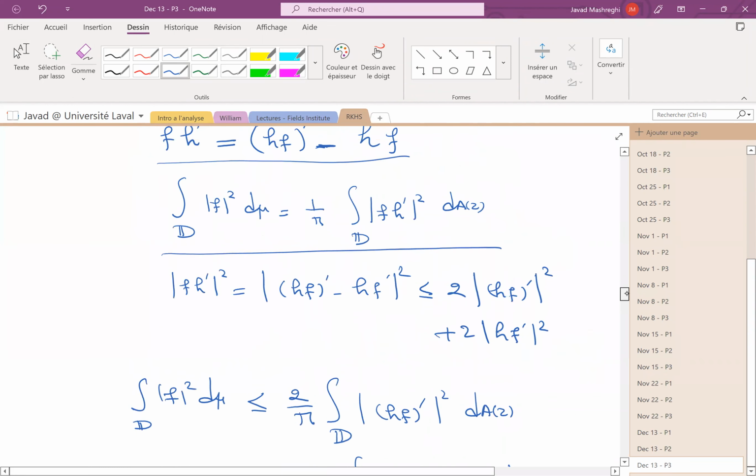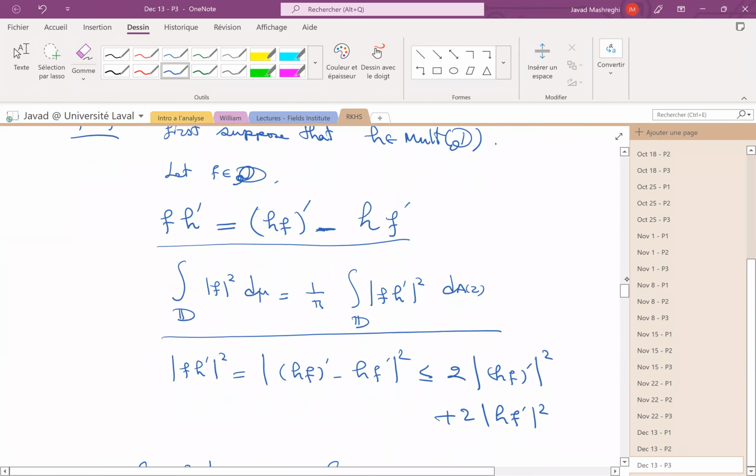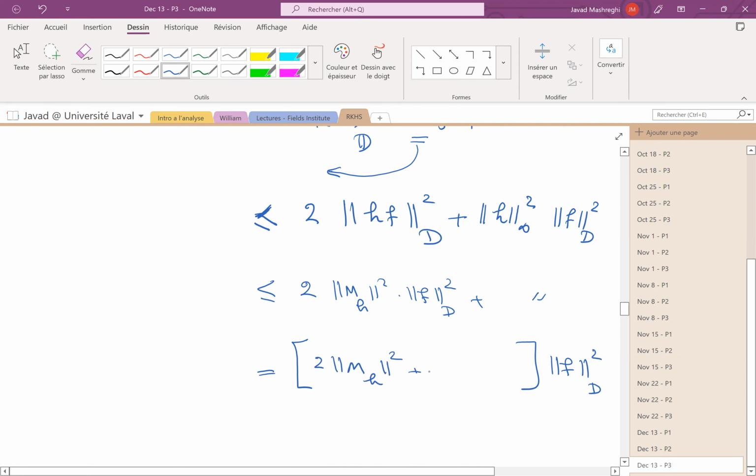And that's the point where I use my assumption. My assumption was that h is a multiplier. So I use it here. This is less than or equal to 2 times the norm of the multiplier squared times the norm of f squared plus the same thing. I factorize everything times norm of f in D squared. What remains for this calculation really doesn't matter.